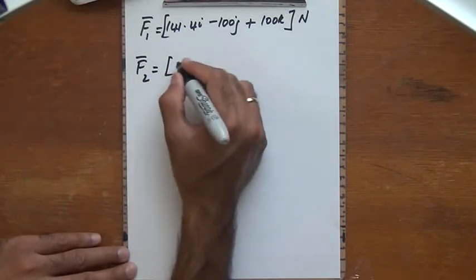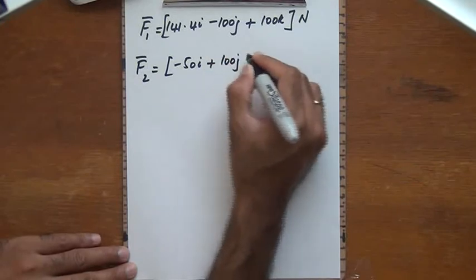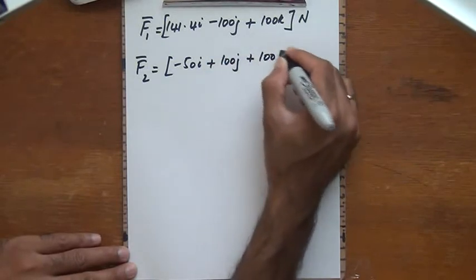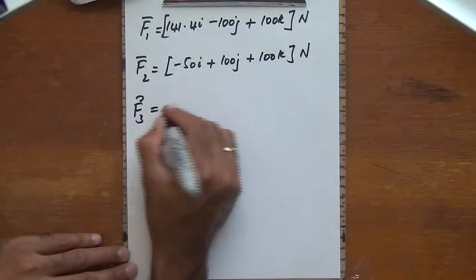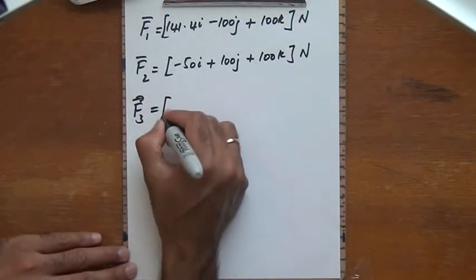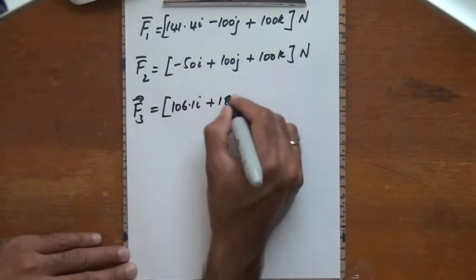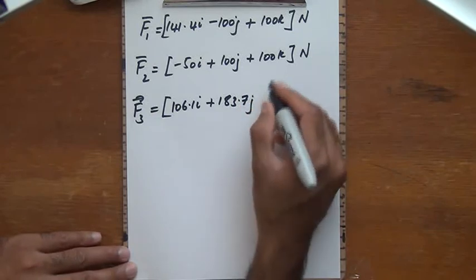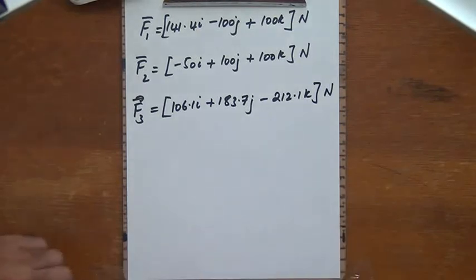And then F2 was minus 50i, plus 100j, and plus 100k newtons. F3, just found out right now, is 106.1i, 183.7j, minus 212.1k newtons.